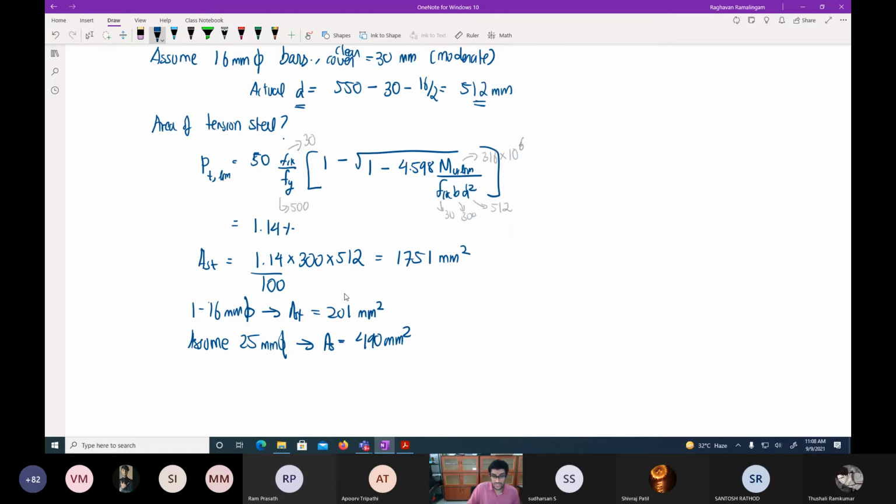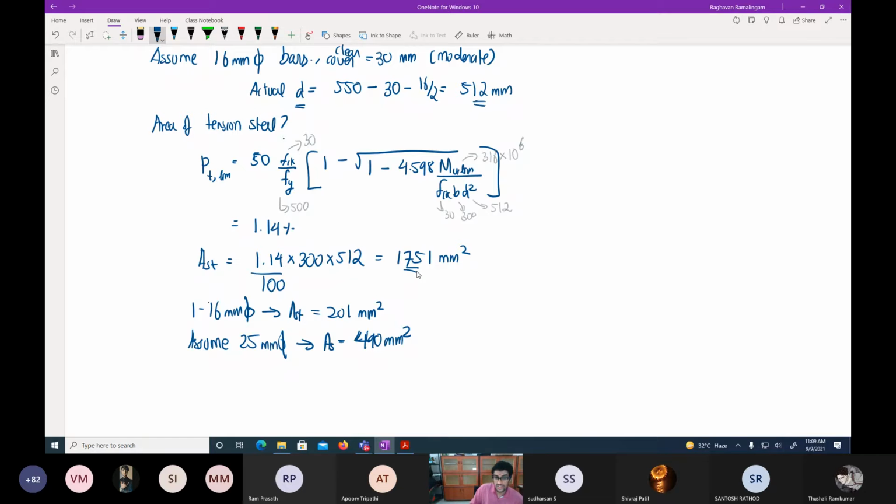So if I use 25 mm bars, how much do I need to make up for 1751? I need a total of around 4. Yes, 4 times, this will be 4 into 490, which is 1960. That's also a bit too much.